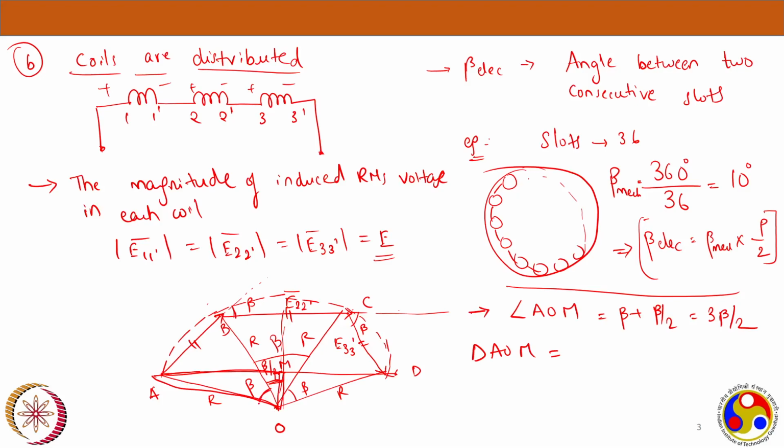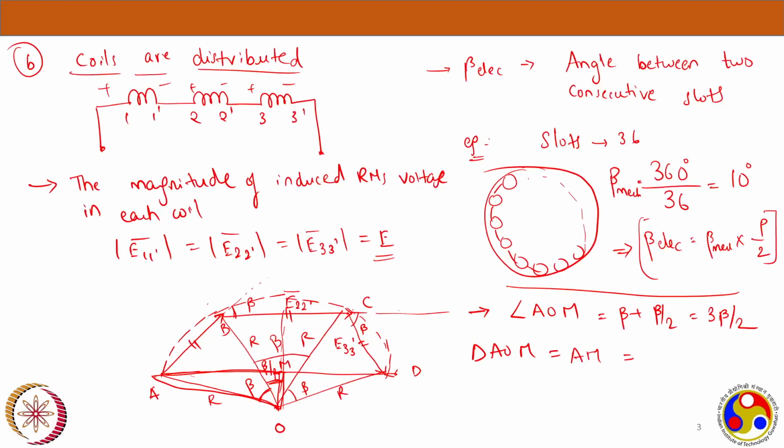Now from the sine property, you can calculate the AM part. Sine theta is equal to opposite side by hypotenuse. Opposite side will be AM, hypotenuse will be r, where the angle is 3 beta by 2. So AM will be r sine 3 beta by 2.